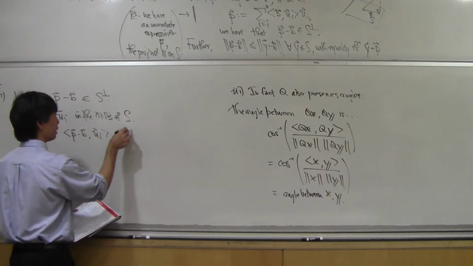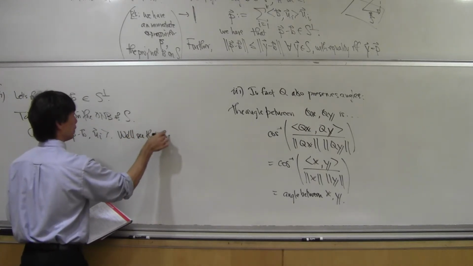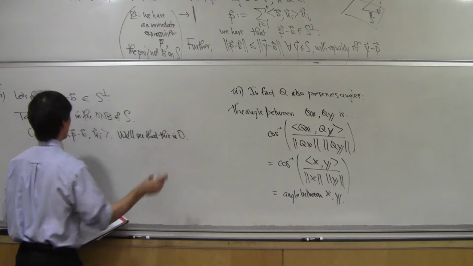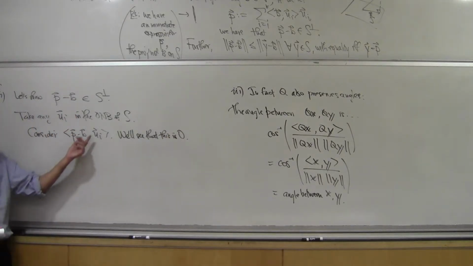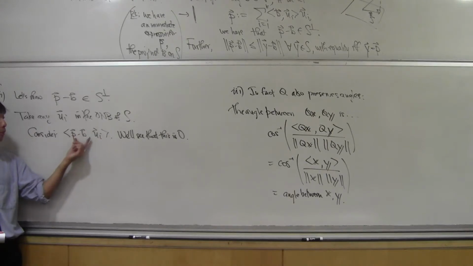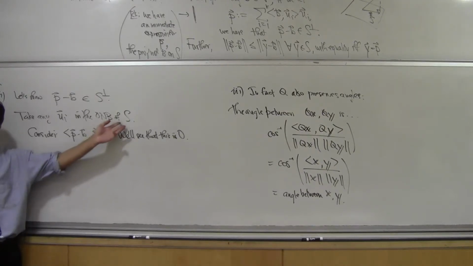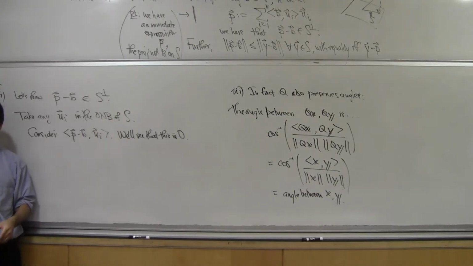We'll see that this is 0, that the inner product with anybody in the basis is 0. Well, that means that you're perpendicular to the whole space. If you're perpendicular to the basis, you're perpendicular to anybody in that space.